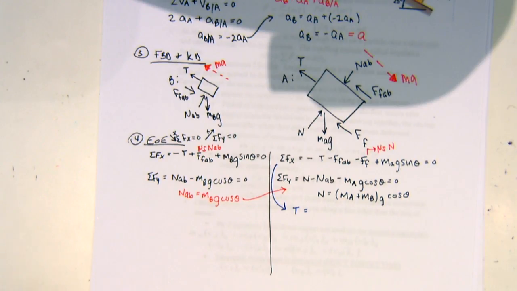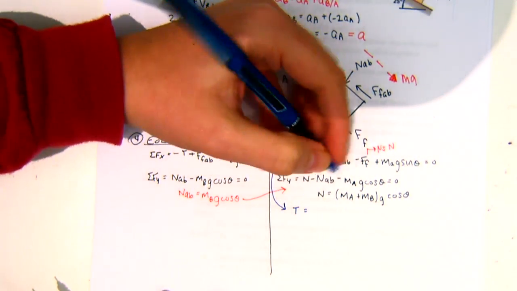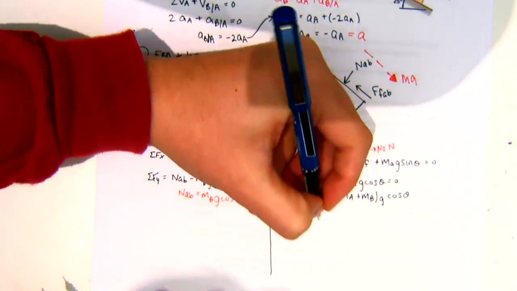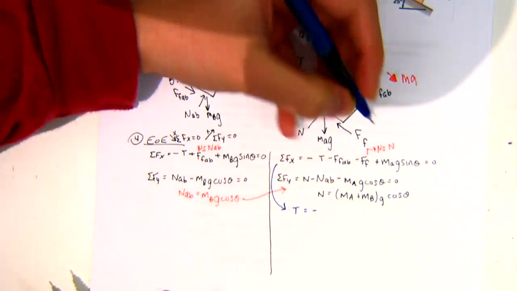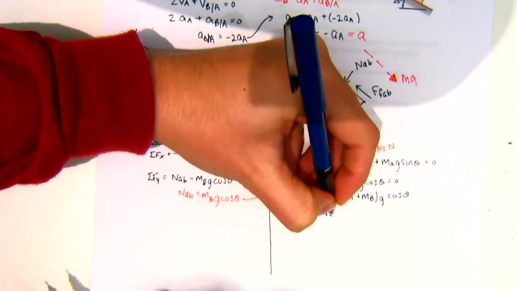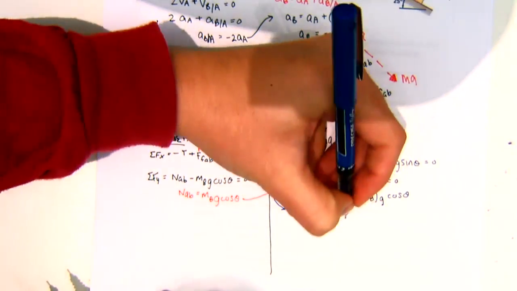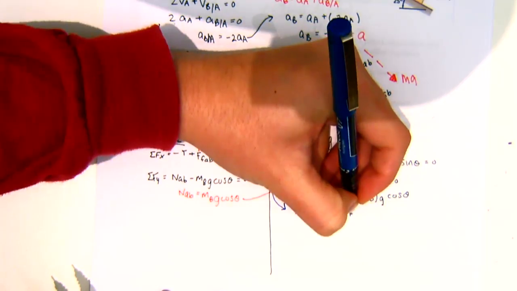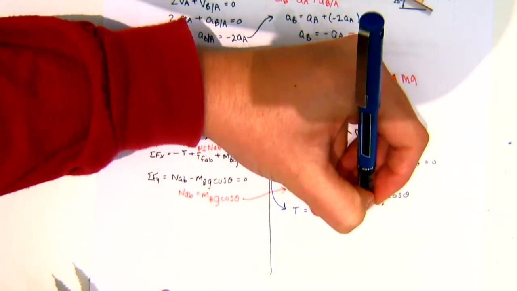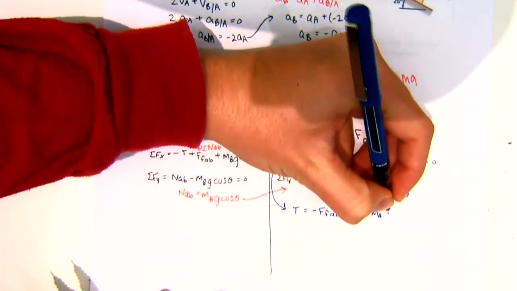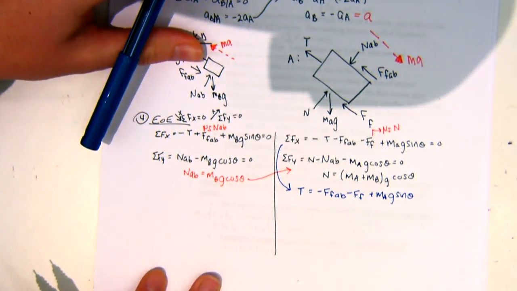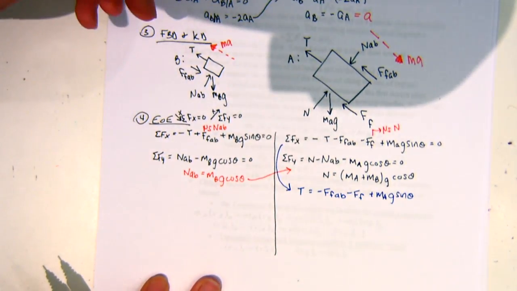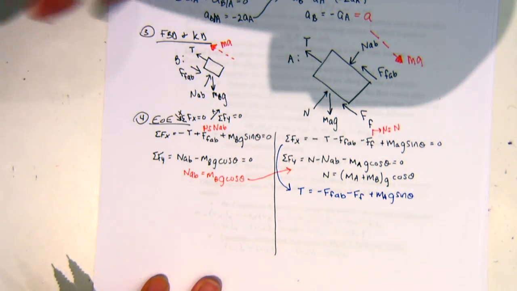Sound good? So I can say that T is equal to, let's see, I have negative FAB minus the force of friction, then plus MAG sine theta. So I can start plugging in all of the variables that I have.